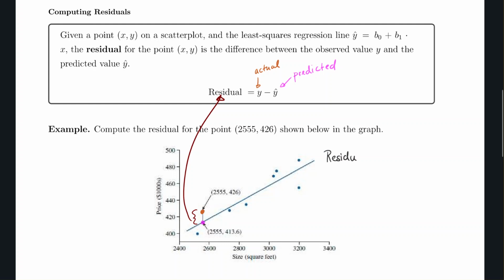Residual is equal to actual minus predicted. Now they gave us specifically this point, which was nicely marked in the graph. The actual y value is 426 minus the predicted y value of 413.6. When we type that in the calculator, we get a residual of 12.4.